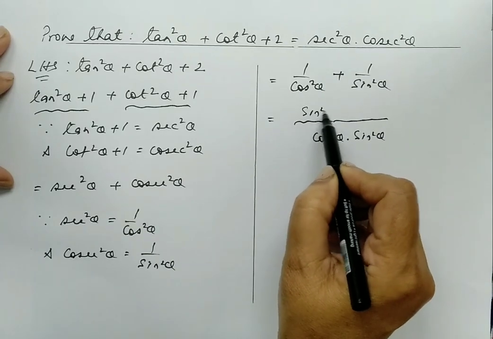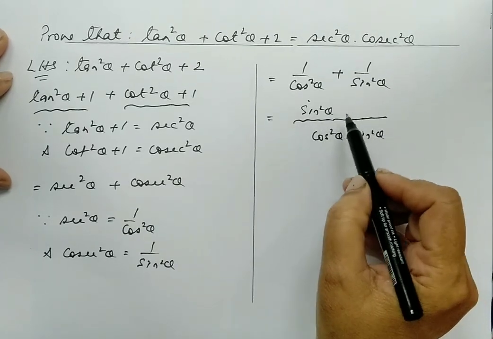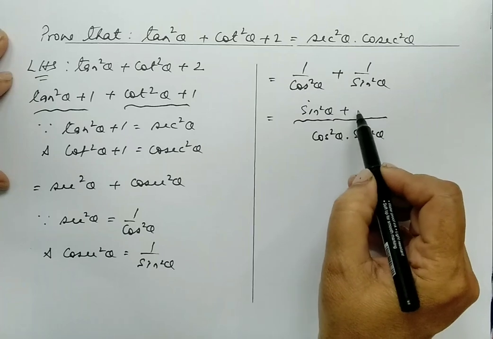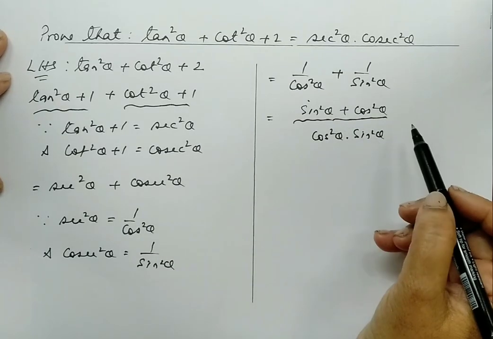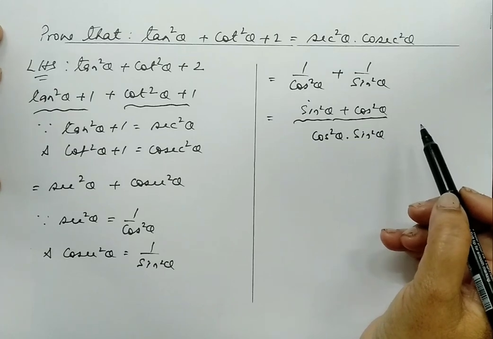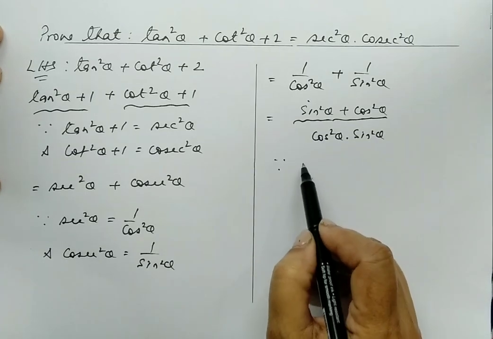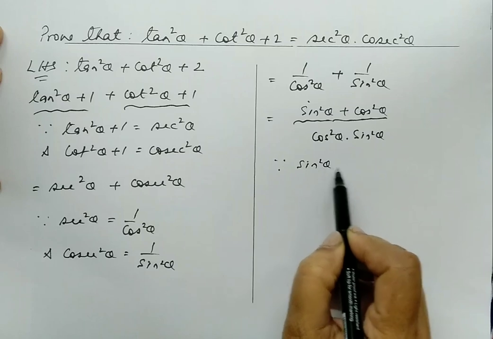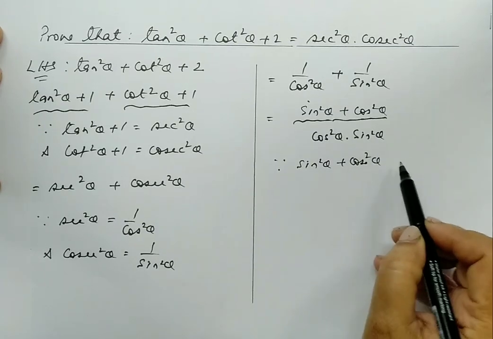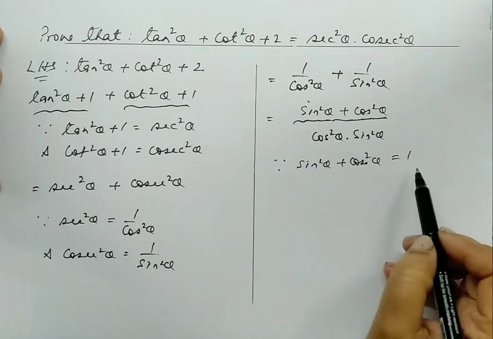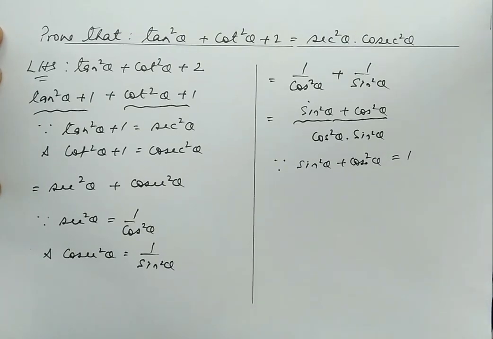So we end up having sine square theta here and cos square theta here. This is very simple. You may have done it in your lower classes. Since sine square theta plus cos square theta, which is another identity, equals 1.